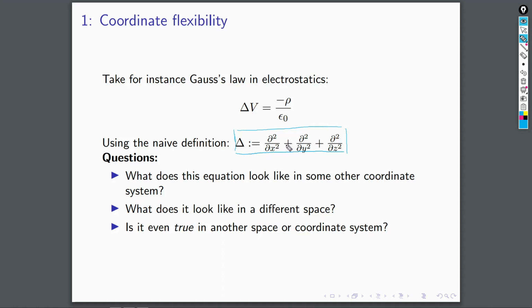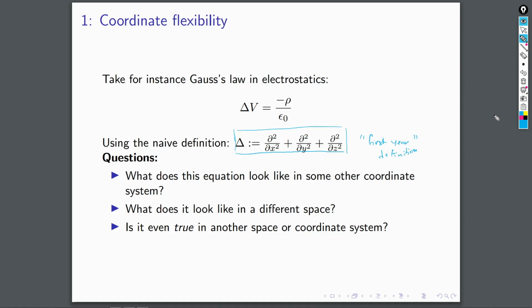You take the sum of those. Okay, that's your first year definition. But this definition really depends on the coordinate system that we're using. What if we want to talk about R3 in a different way, right?